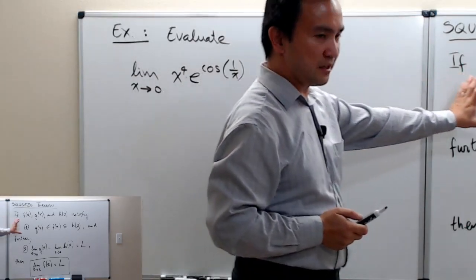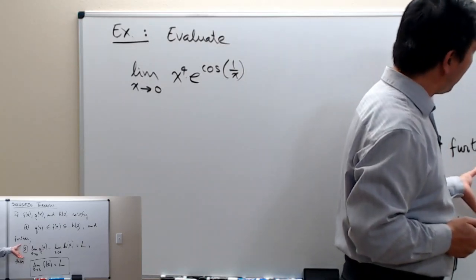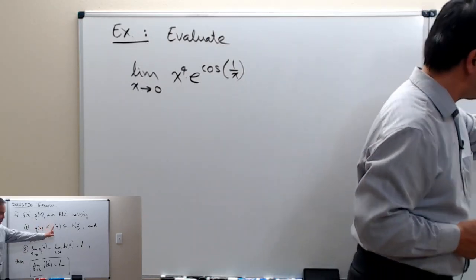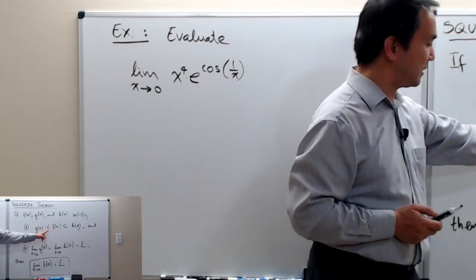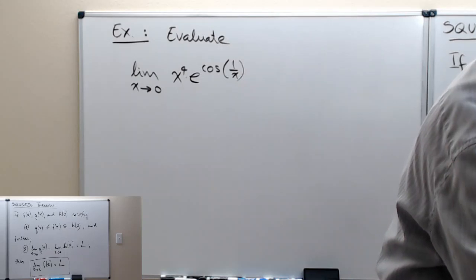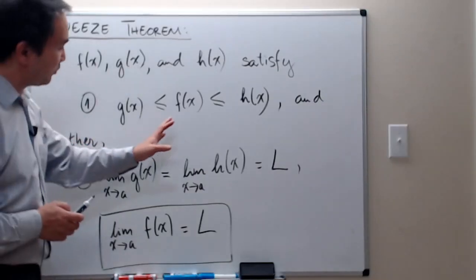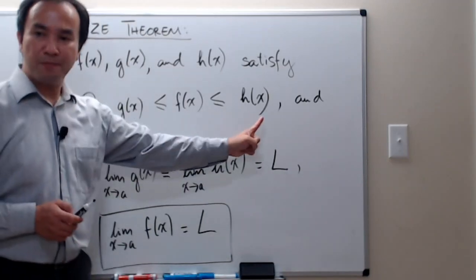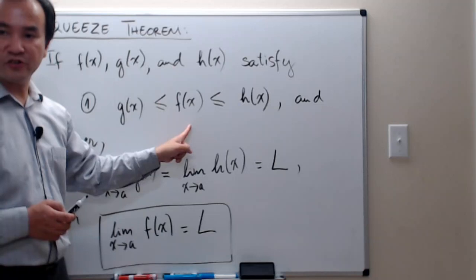So in the first step, when you're applying the squeeze theorem, we gotta make sure we can find some pair of trapping functions that trap our function in between.